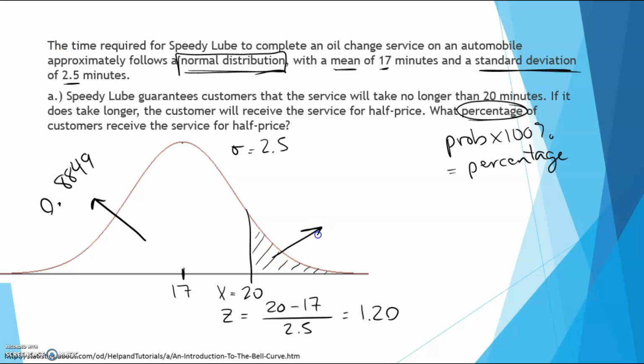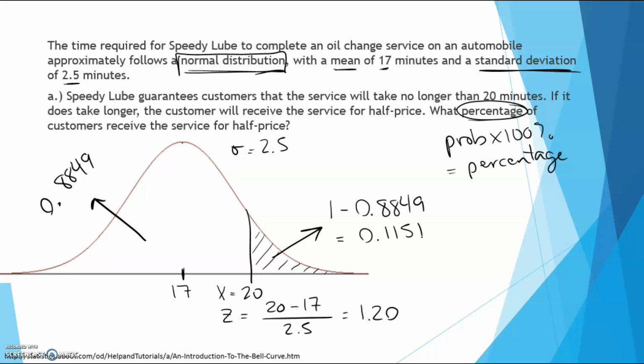I need the area to the right. If I know that underneath this entire curve is equal to 1, and I know that this section over here is 0.8849, then this section to the right must be 1 minus what we just found, 0.8849, which is equal to 0.1151.